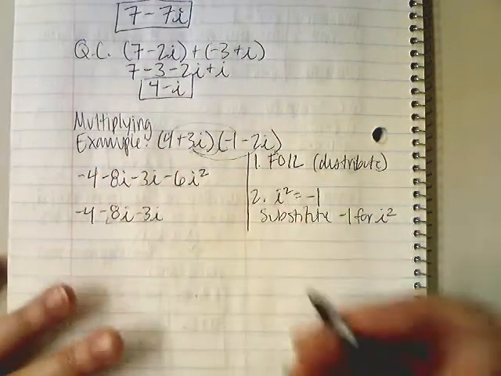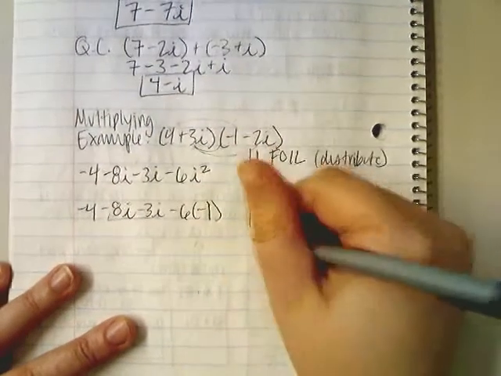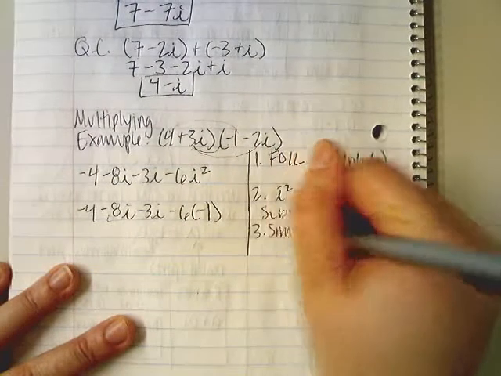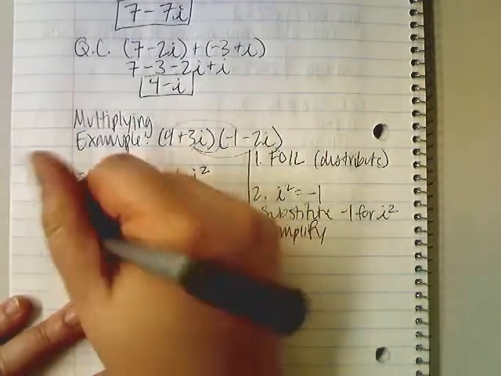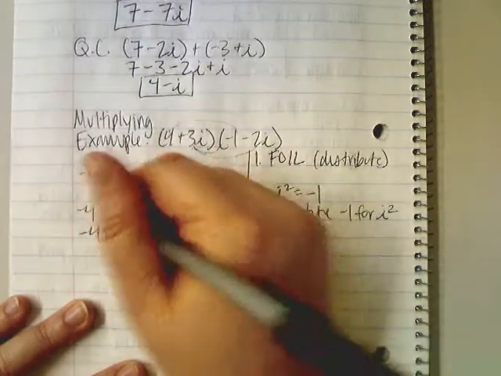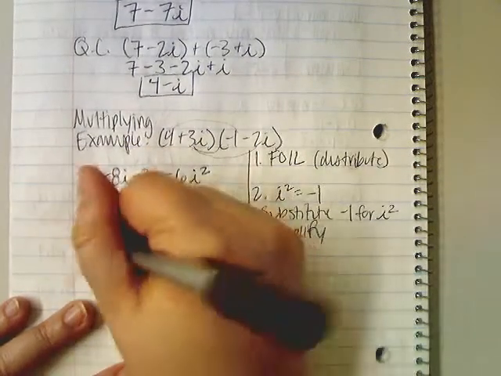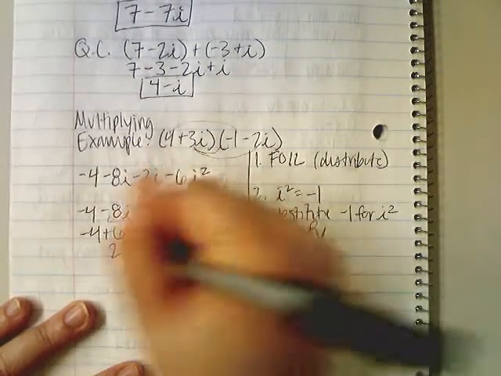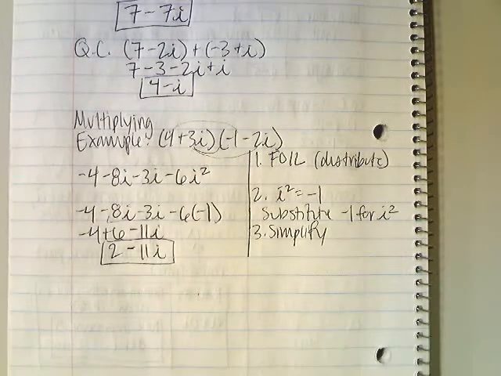If you combine those in the last step, that's fine. Minus 6 times negative 1. Now I'm going to, last step, simplify. So I end up with negative 4, negative 6 times negative 1 is plus 6. Negative 8 minus 3 is negative 11i. So then negative 4 plus 6 is 2 minus 11i, and that is my final solution for that problem.